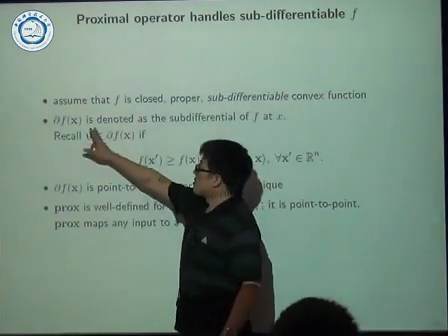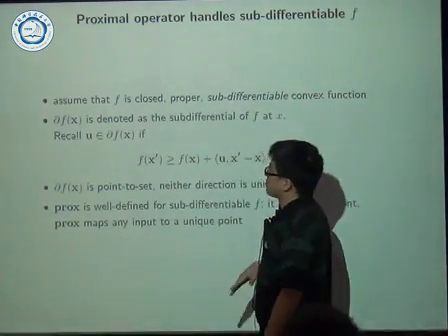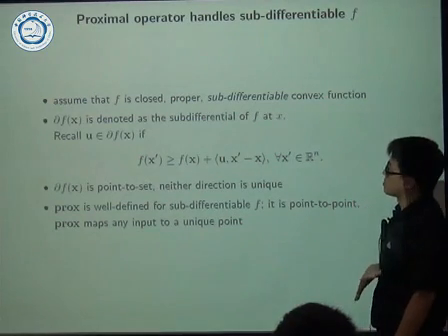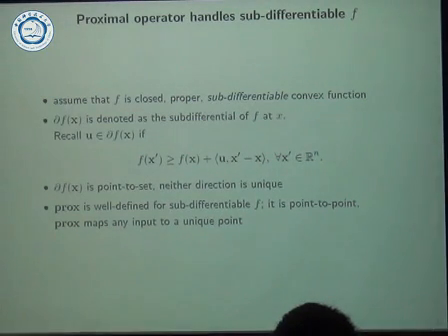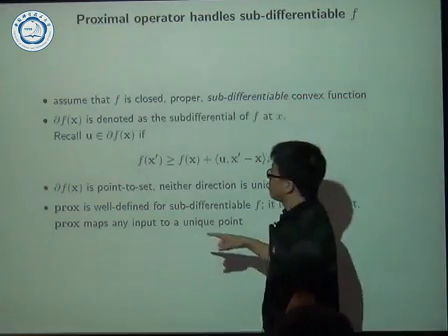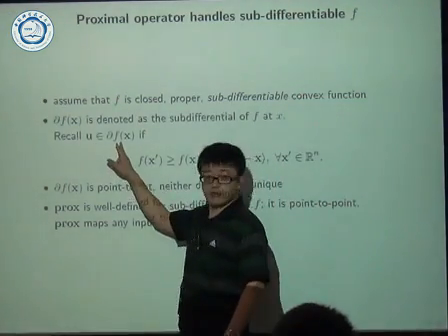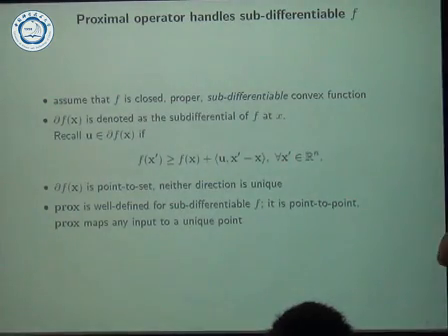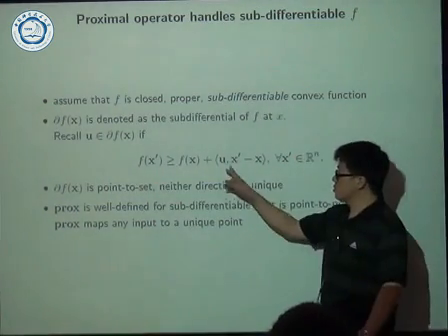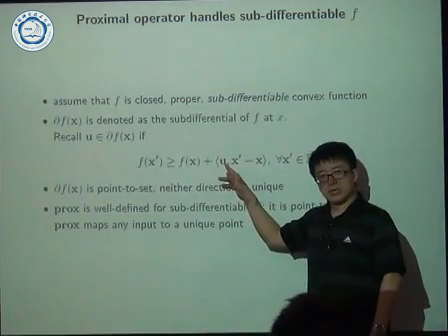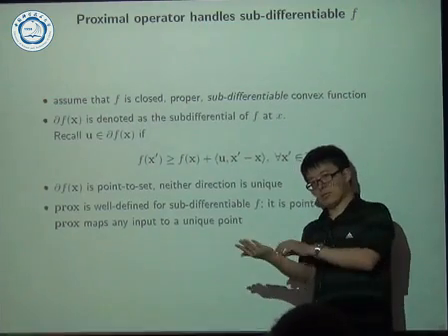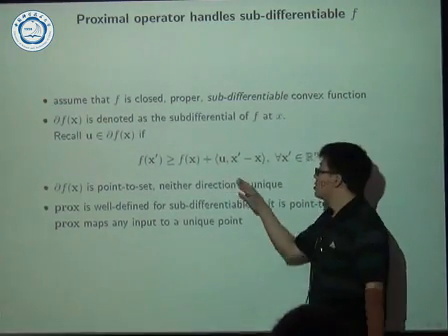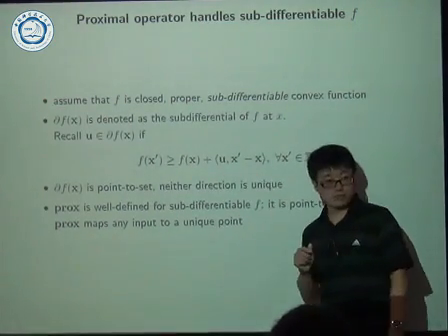And the partial f of x, this is a review. Partial f of x is the subdifferential of f at point x. Recall, u is a subgradient if this inequality is satisfied. In other words, u is a support hyperplane of f at point x.